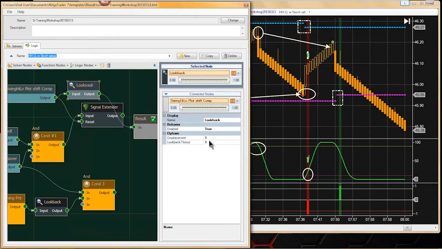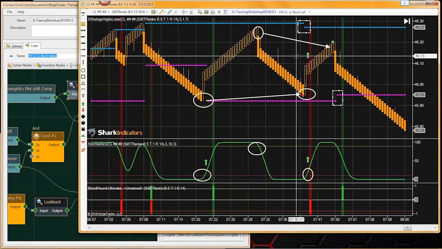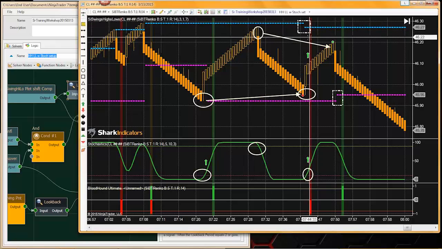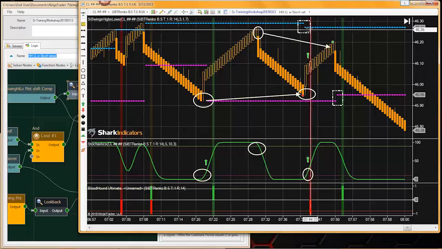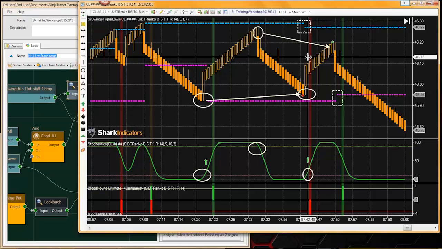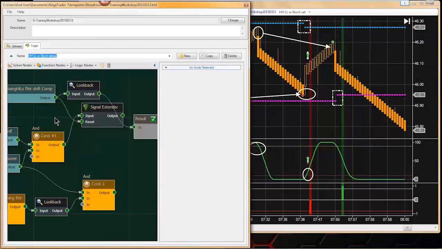So let's see. I'm just going to use a displacement of 2, and that should do it. Yeah. So now we can see the short output is now 2 bars forward, and it's a bar after we would actually get the signal here. It's 1 bar after.